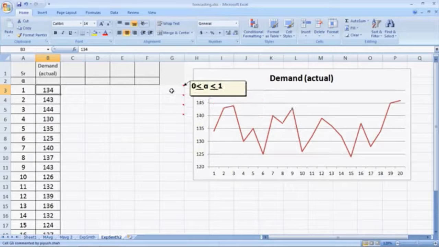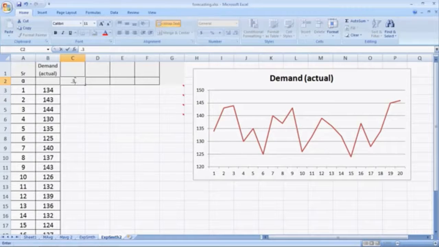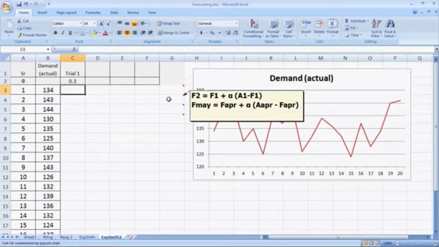Like we said, alpha can vary between 0 and 1. We'll try various values of alpha and understand the behavior. Let's start with a value of alpha as 0.3. No reason for taking this, just a random number, trial 1. We need a value to help us start, because if you look at the formula, it's actual minus forecast.